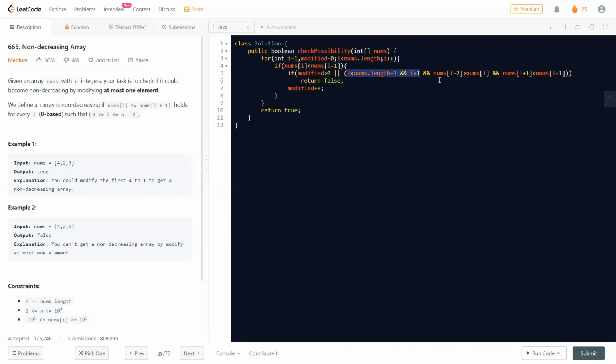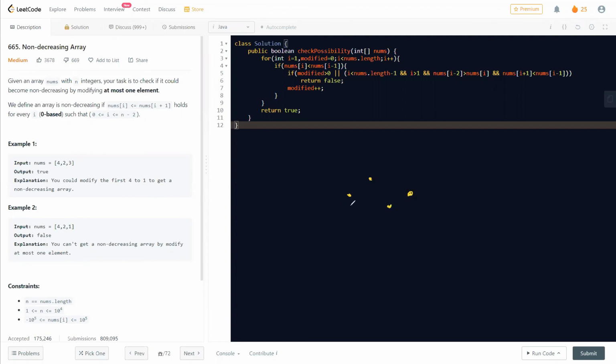And then we check if nums of i minus 2 is greater than nums of i. That was the condition we had. We are trying to get that y a b y type value. So we find that nums of i minus 2, the y value, is greater than nums of i. If you remember exactly, this was like the first test: y was there, A was somewhere above, B was somewhere down, and again we ended up at y somewhere here.